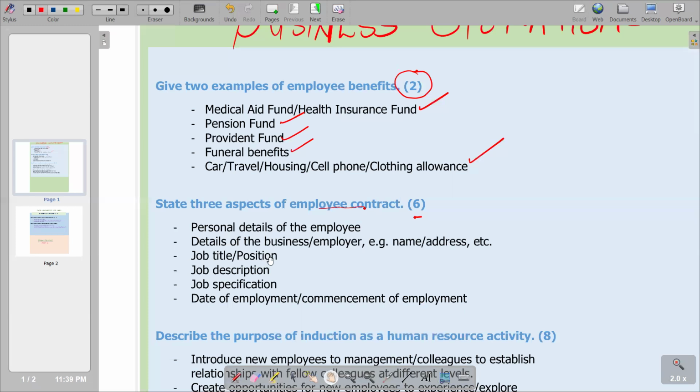And also we've got the job title or position inside the contract. And then we have got job description, job specification, and date of employment or commencement of employment. So these are the aspects that we have inside an employee contract. The question has 6 marks, so obviously it requires you to raise at least 3 of those aspects.